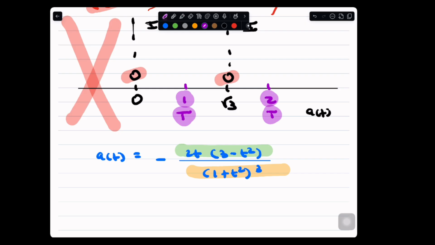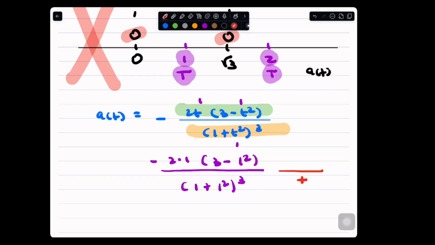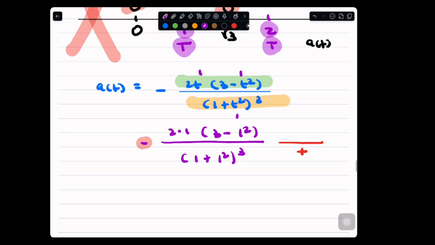Now let's check this here. t is 1. You get negative 2 times 1, 3 minus 1 squared, over 1 plus 1 squared, cubed. I want to point out something to you guys. The denominator is positive. We don't even have to get the value. The numerator now, I'm going to put the sign in the numerator. It's really down here, but I'm going to put it on the numerator because I can. You say, what do you mean?